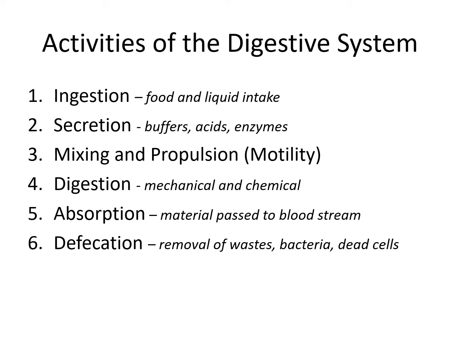So we can break things down more readily if we increase the surface area of those chunks of food. And then chemical digestion refers to the chemical reactions that take things like proteins, for instance, and break them into their subunits. So amino acids in that example. So we're taking large molecules, breaking them down into smaller bits so that those small bits can be absorbed.